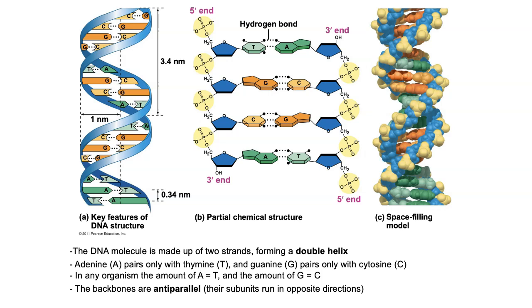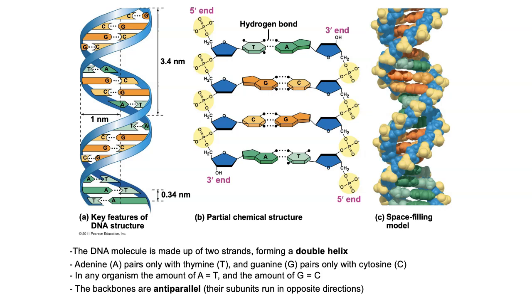So first note that a DNA molecule is made up of two strands, right? Those two strands are what are twisting in this helix shape. And this is why it's called a double helix, because there are two strands forming this helix.